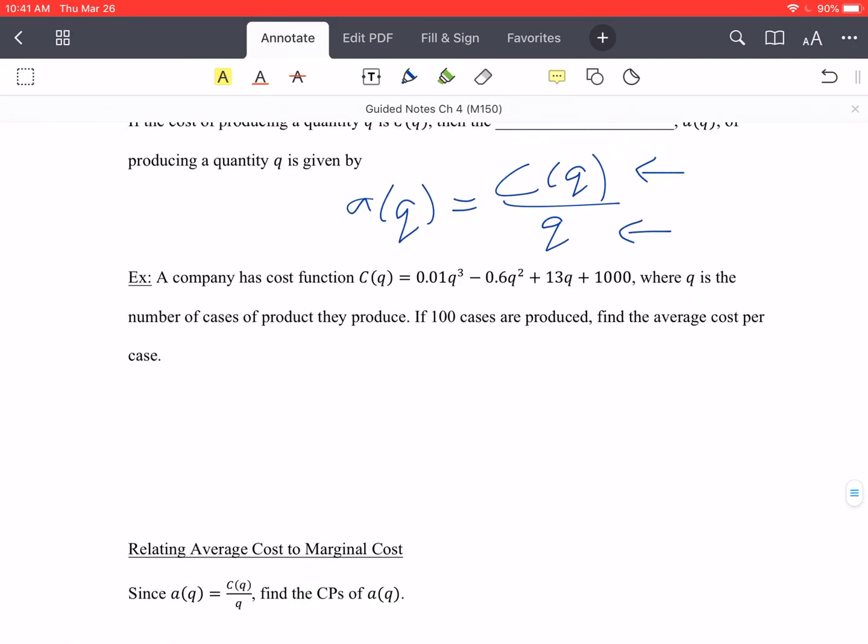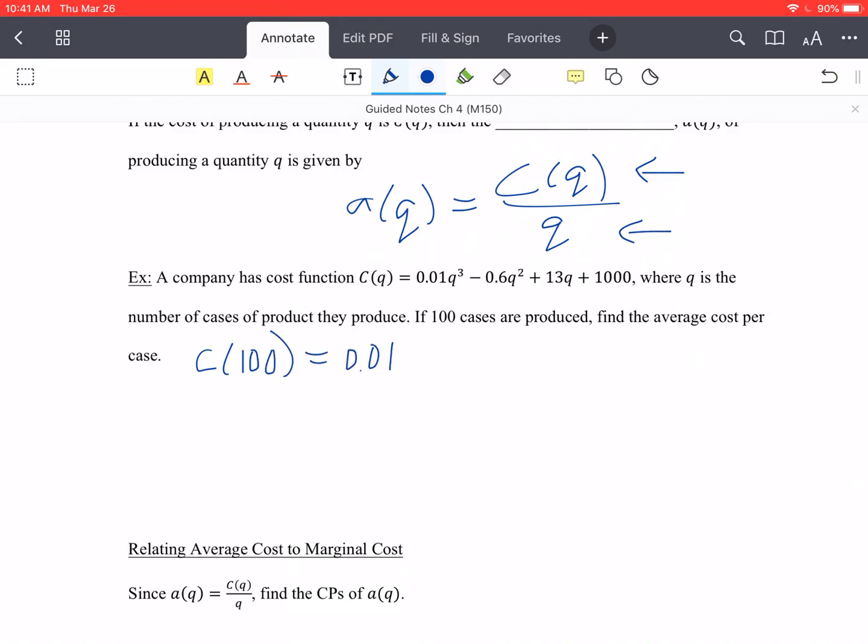All right. So a company has a cost function. C of Q is that function where Q is the number of cases of product they produce. If 100 cases are produced, find the average cost per case. Okay, so if they produce 100 cases, then the total cost would be C of 100.